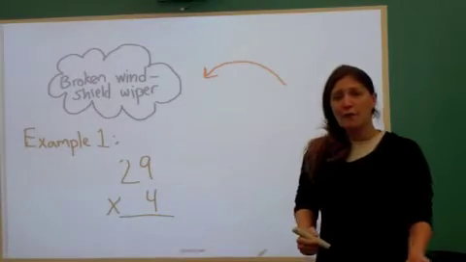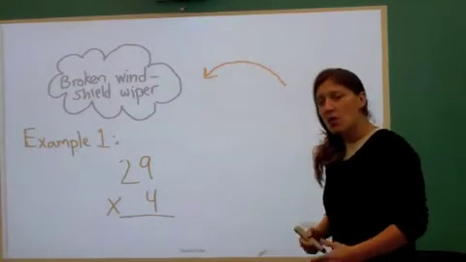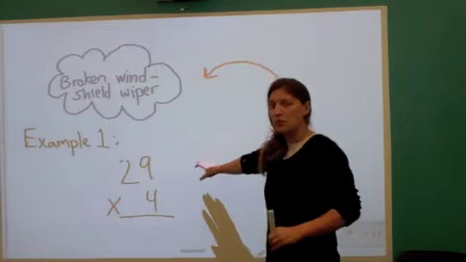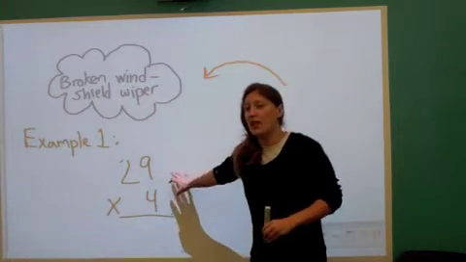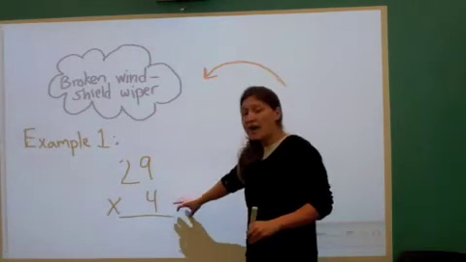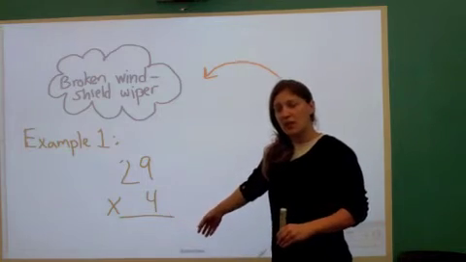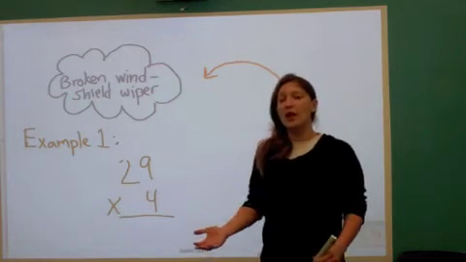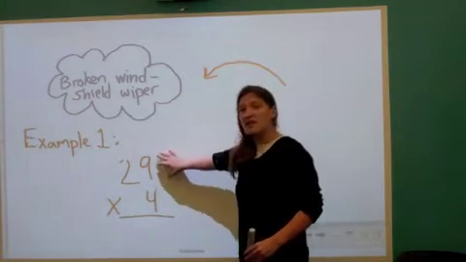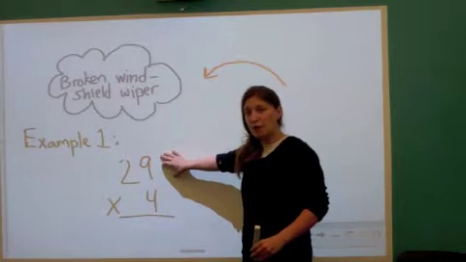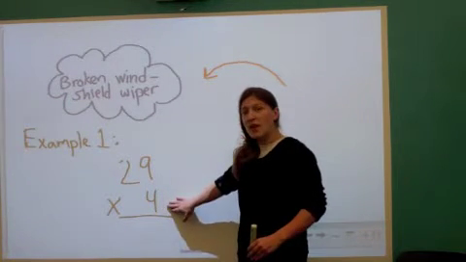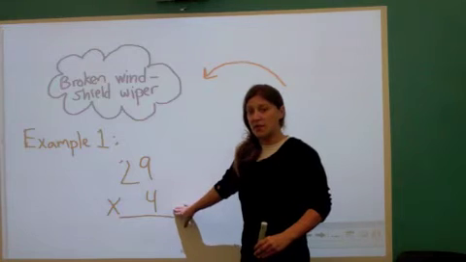Alright, let's try our first example. So we know that the top number in a multiplication problem is the multiplicand. And the bottom number, or the second number in a multiplication problem, is the multiplier. The multiplicand is the number that repeats itself. And the multiplier is how many times it repeats itself.